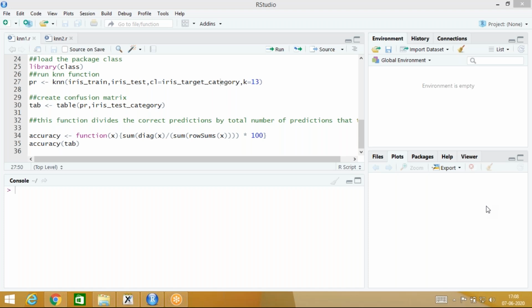Okay, so in this particular thing, what we will do is load a package called library class in the knn1.r file.